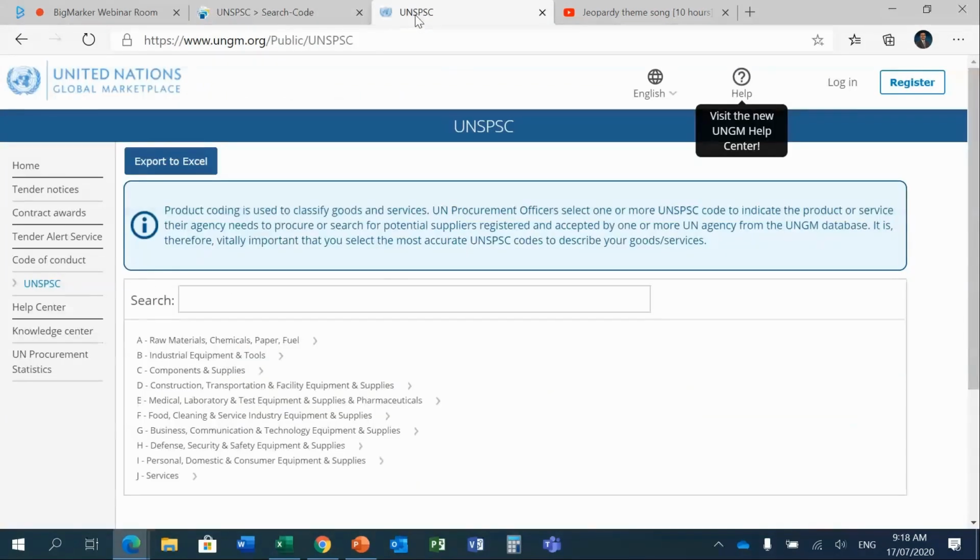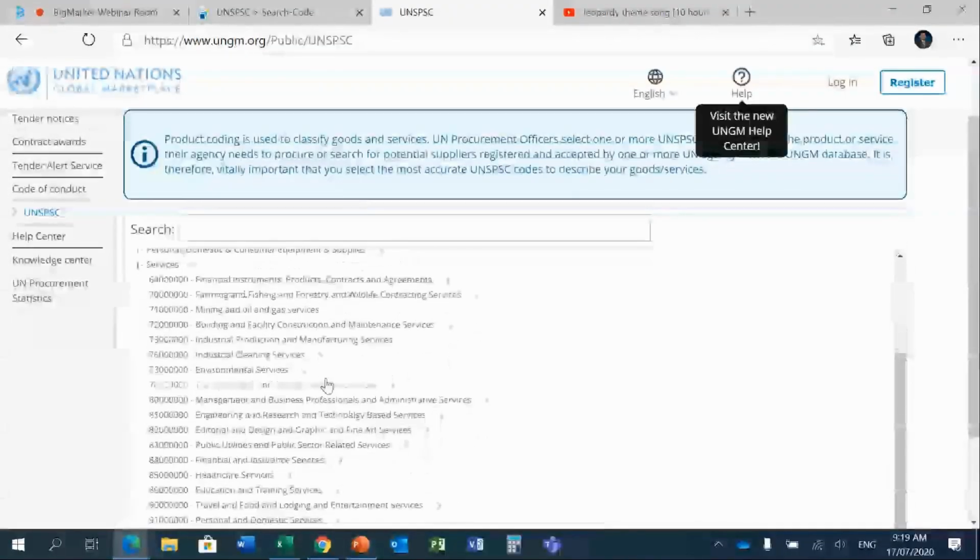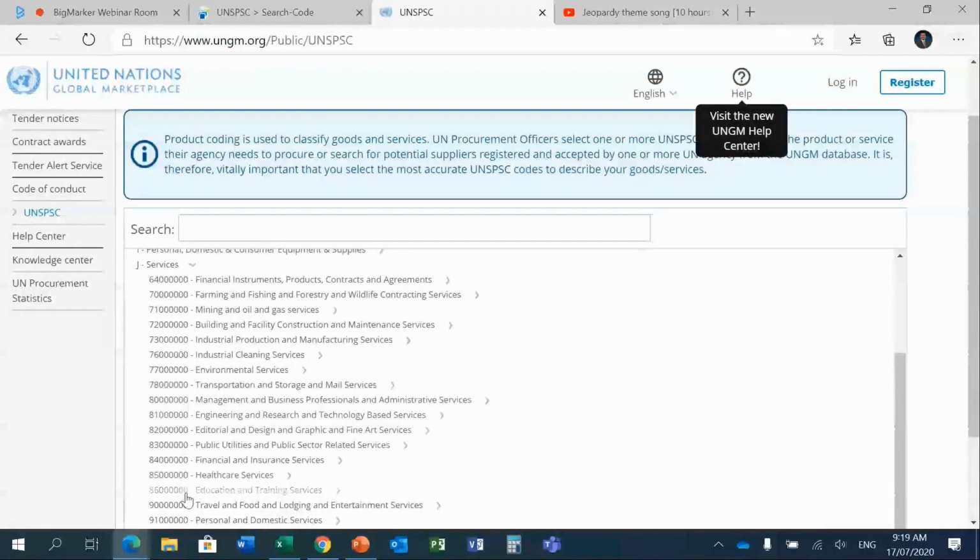If we look now at the UNSPSC codes under the United Nations Global Marketplace, they have adopted the code as well. And what they have done is make a slight adjustment to it where they have added a higher level where they categorize the segments into certain commonalities. They put all the services under one heading, and so you'll notice that there's a mixture of codes here.